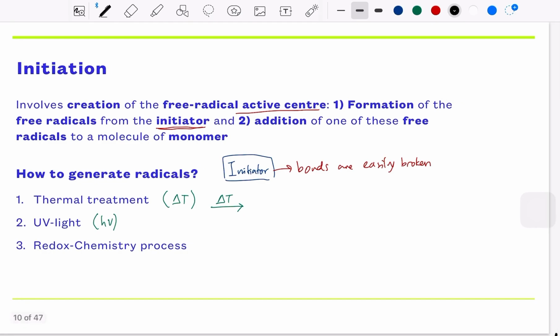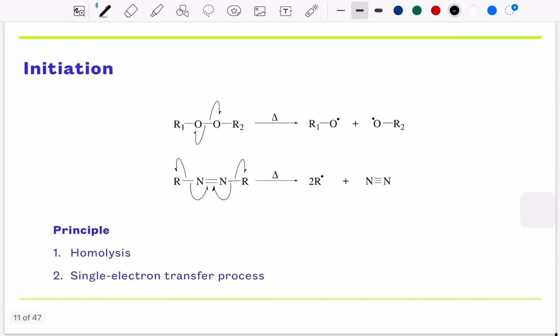Okay, if you see here, I think this is the peroxide, right? This is peroxide. The delta means the thermal, so they give you the temperature. This is an initiator, and this is an initiator.